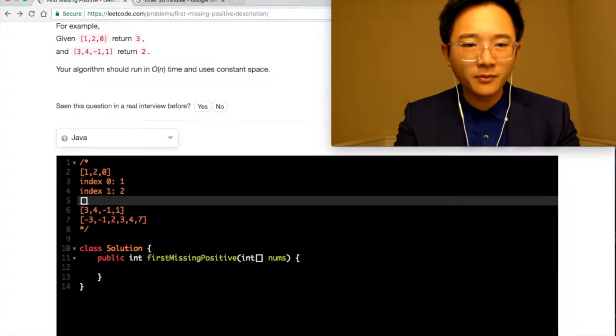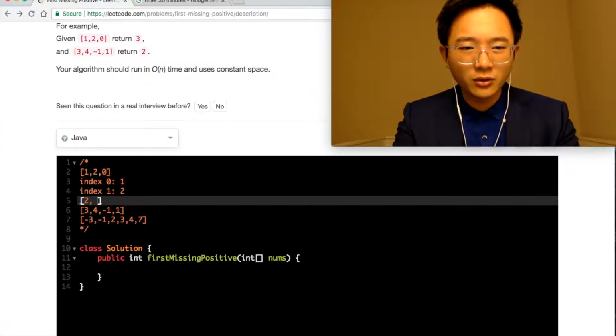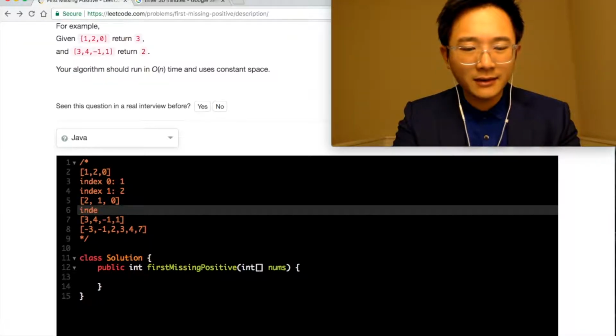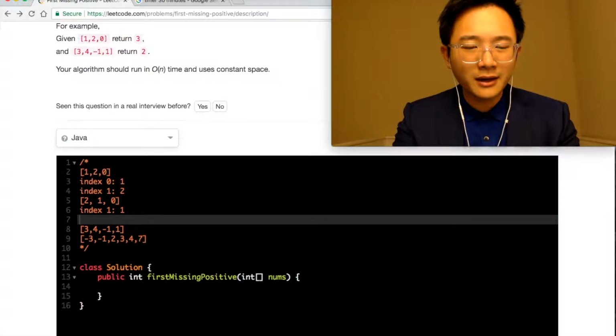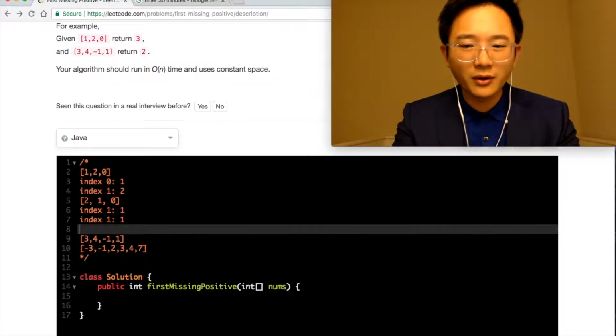But by the way, why would we swap this? We get 2, 1, 0. Now at index 1, we have 1, so we don't need to swap.